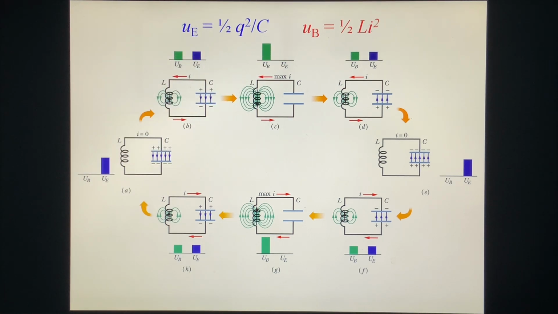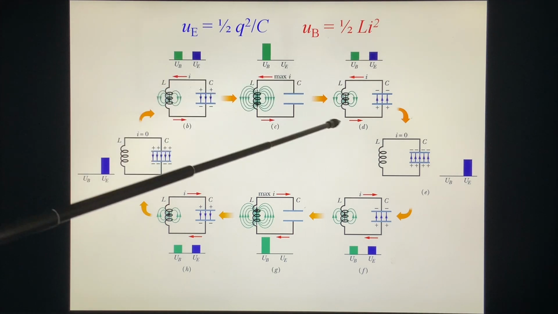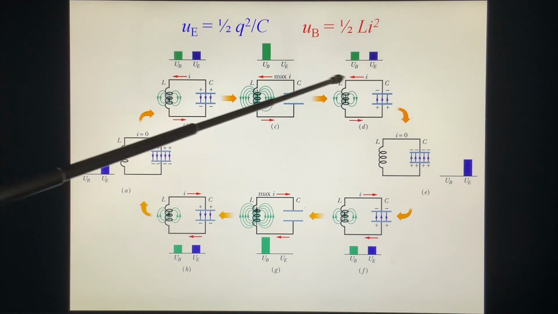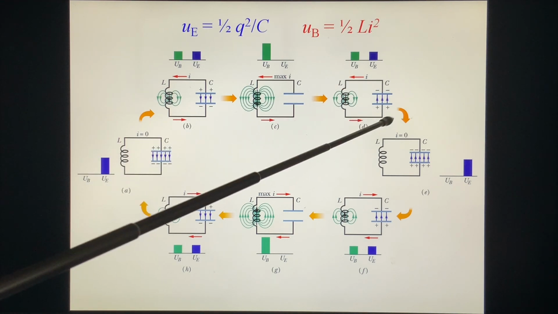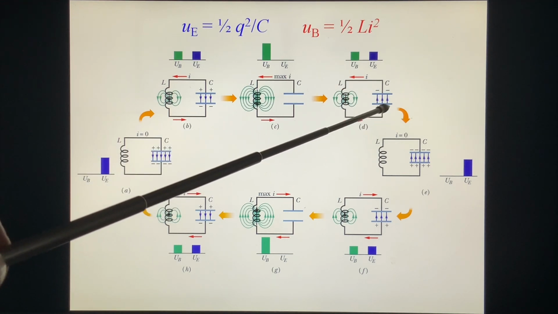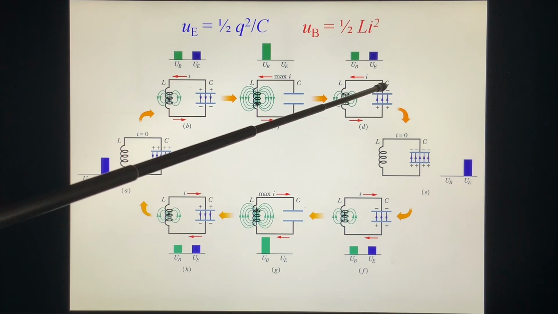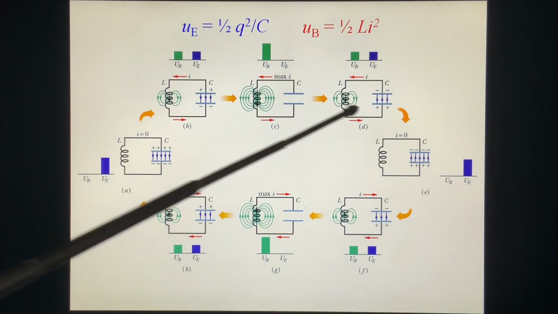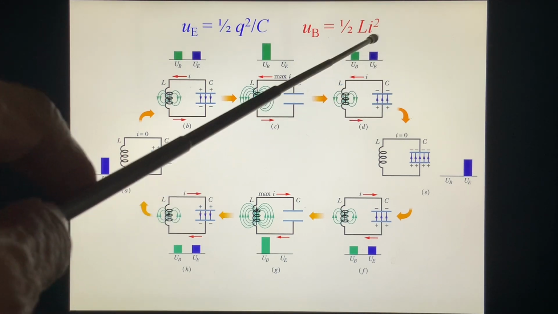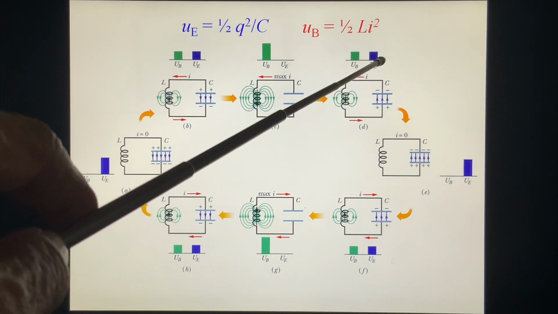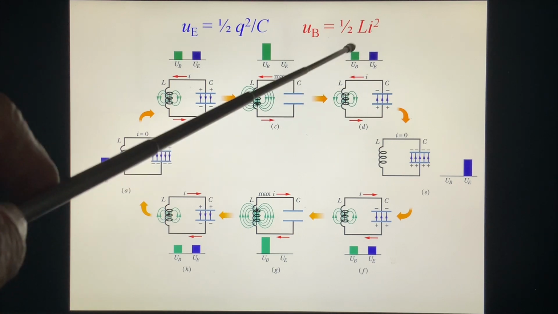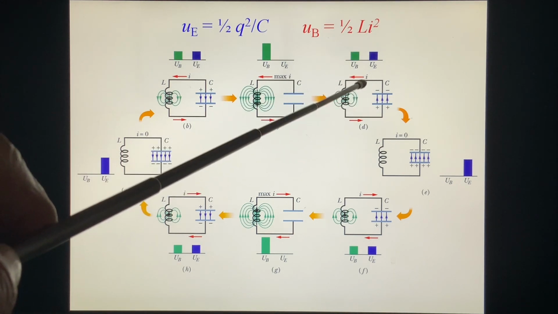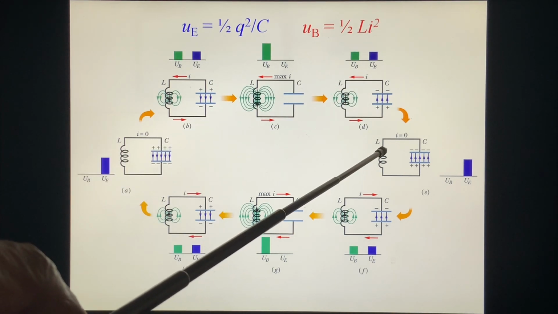And then, because of inductance L, the current will not stop, but gradually reduces. And so the positive charge accumulates on the bottom plate and negative on the top plate of the capacitor. We will see that the electric field energy increases and the magnetic field energy decreases until i equals 0.